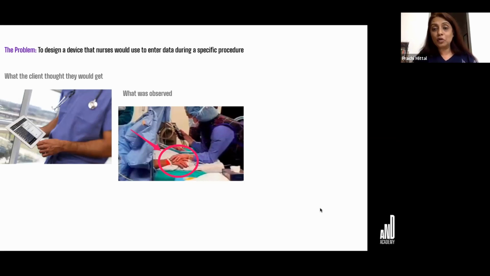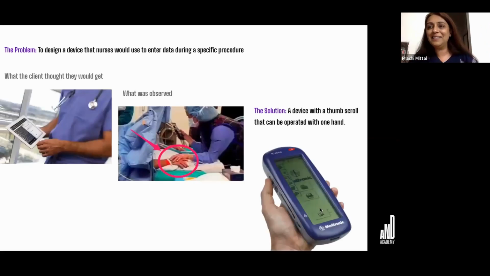I'm not going to go into long explanations. They created a device which can be operated through thumb scroll and with one hand, so that their other hand can remain available for taking care of the patient.